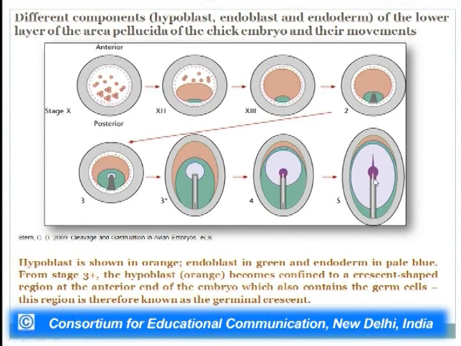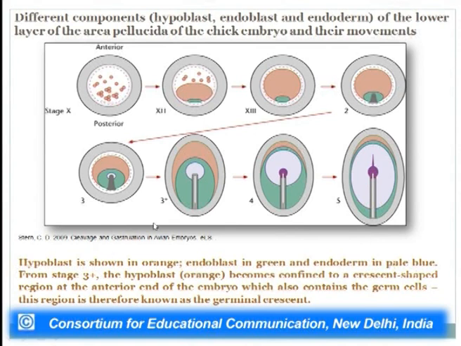And now you can see that the endodermal layer is going to replace the entire secondary hypoblast. This secondary hypoblast or endoblast is basically confined to only this anterior portion which is termed the germinal crescent. So hypoblast is shown in orange, the endoblast in green, and the endoderm in pale blue.